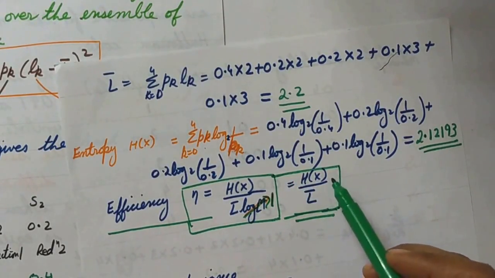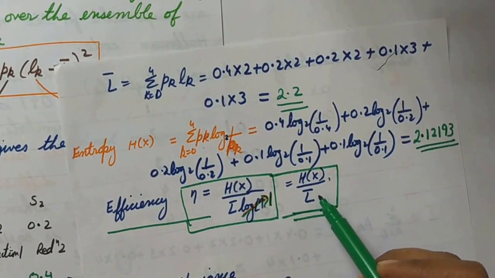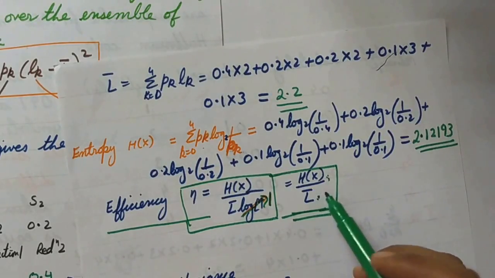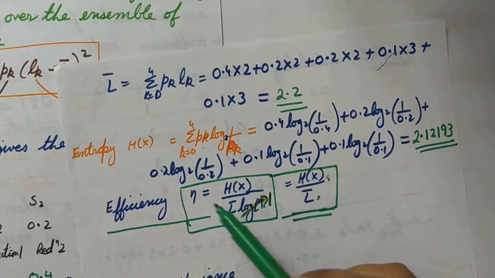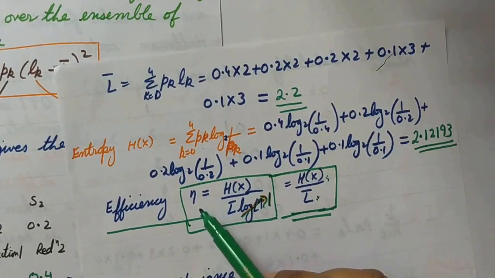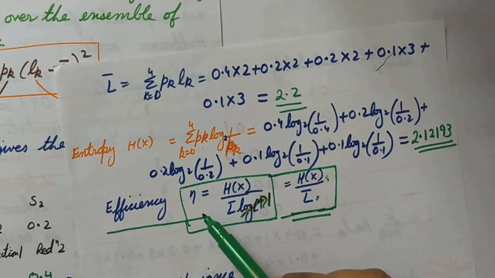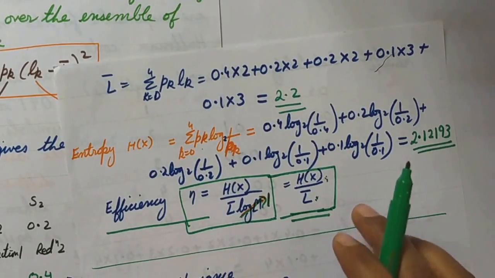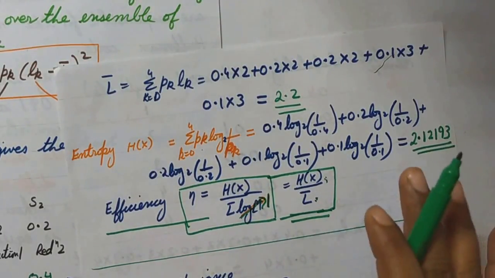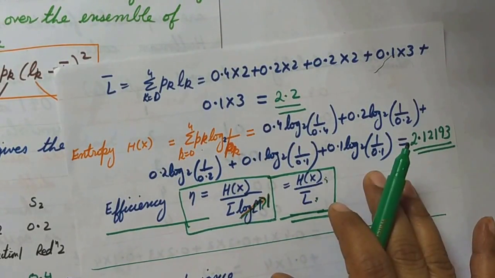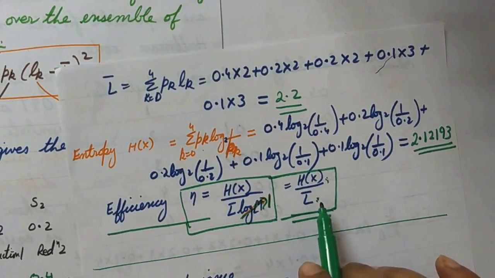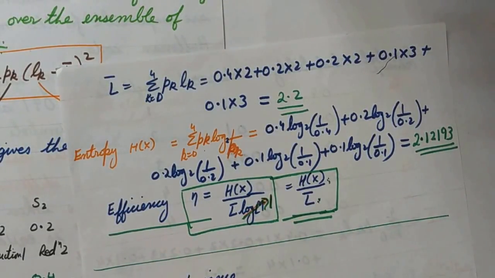Since Hx and L bar are both the same for both the methods, in terms of efficiency both the methods have the same efficiency. They have the same Hx and the same L bar, so they'll give the same efficiency.